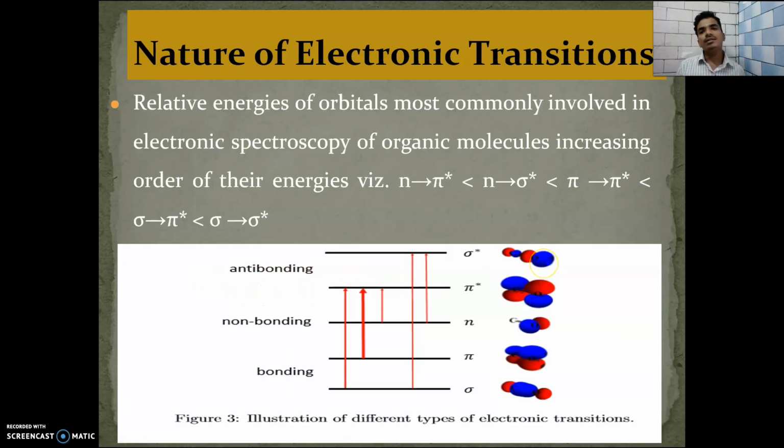Then consider the relative energies of orbitals most commonly involved in electronic spectroscopy of organic molecules. In increasing order of energy: n to pi star, then n to sigma star, then pi to pi star, and sigma to pi star, sigma to sigma star.